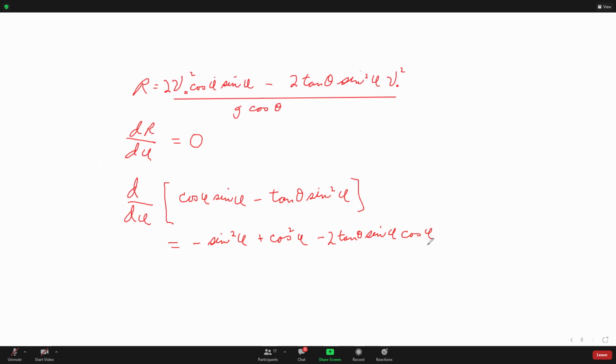Okay. Now we want to set that equal to 0 and solve for phi.